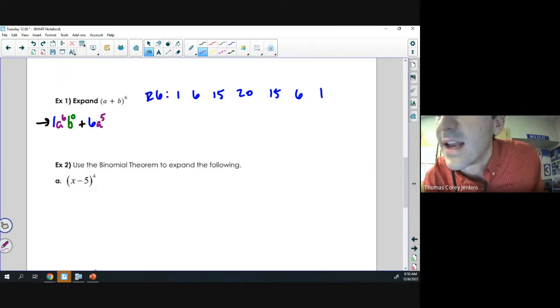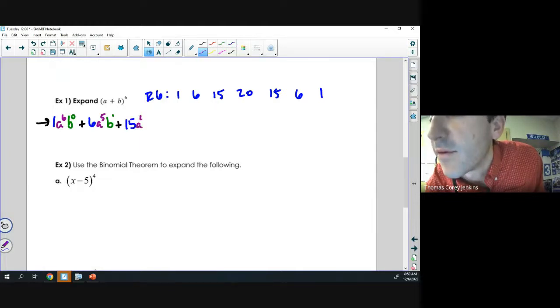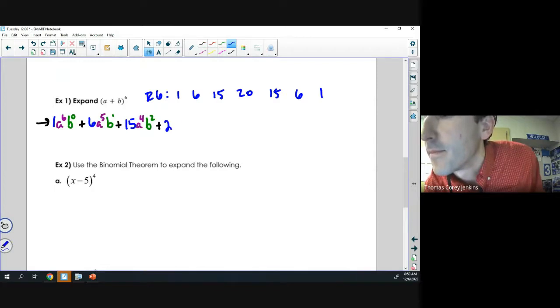Remember, that's descending, and then b to the 1st is ascending. Next term would be 15. Just follow your pattern at that point. A to the 4, B to the 2. Then you have 20, A to the 3, B to the 3.